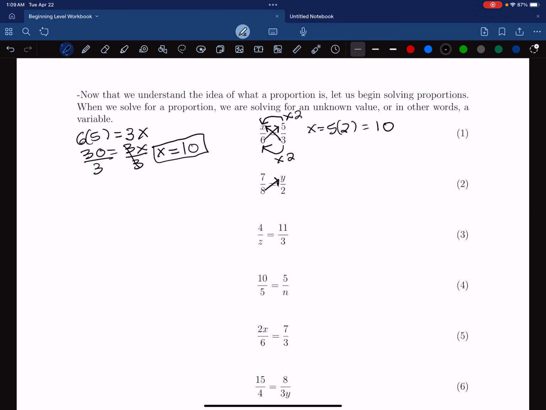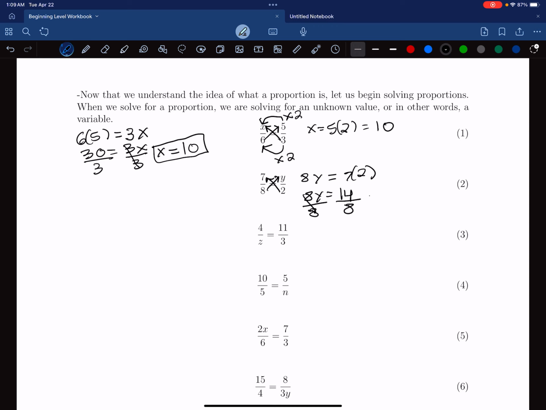So I'm going to cross multiply again. So I'm going to do 8 times y. I'm going to write this on the side. So 8 times y equals, and then 7 times 2. So I'm going to write this as 8y, and 7 times 2 is 14. And then I'm going to solve for y by dividing by 8 on both sides.